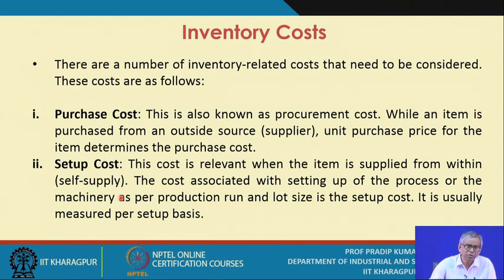In order to produce 500 units, I need to have just one setup. For that you have to carry out certain activities, and any activity you carry out has a cost associated with it. So related to setup there must be a cost, because setup is an activity. That's why it is referred to as the setup cost.